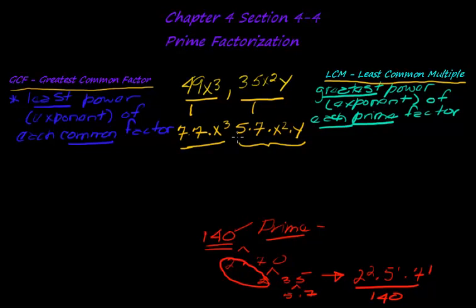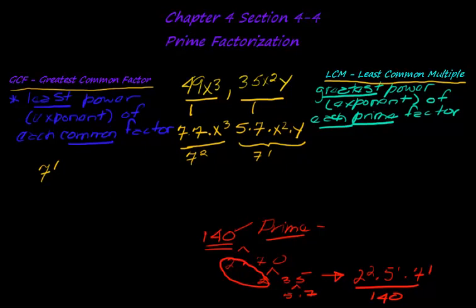So is 5 common to both? No, it is not. So we don't use that. Is 7 common to both? Yes, it is, but over here it's 7 to the second, and over here it's 7 to the 1. So we use the least power of each common factor, so that we have 7 to the first.